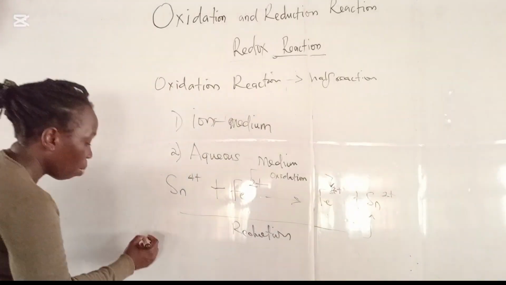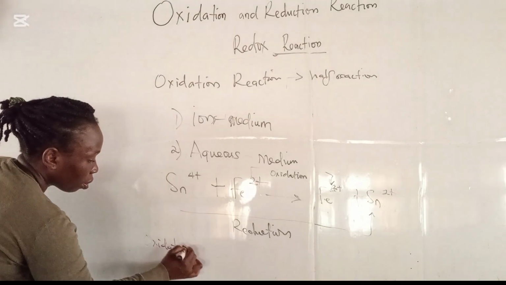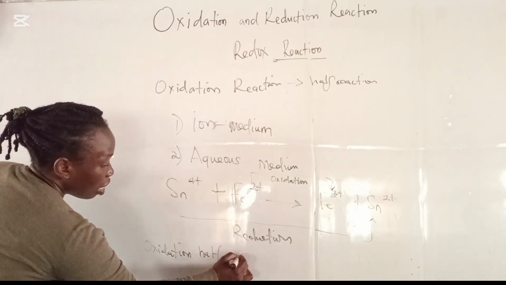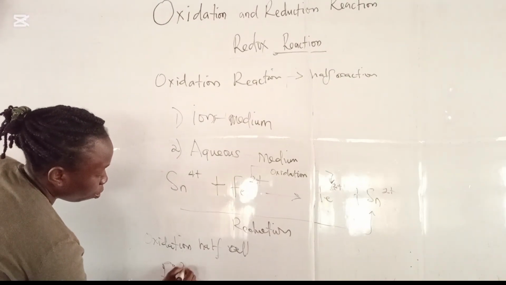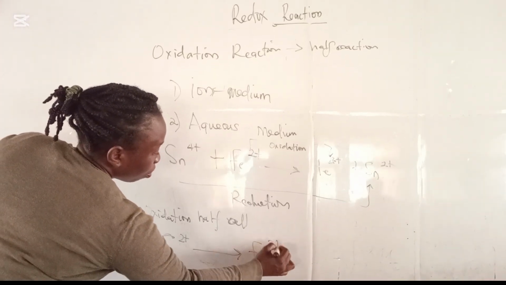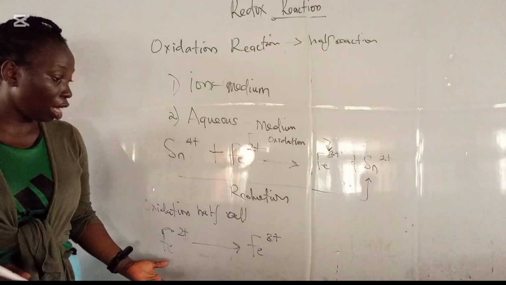Now, you will bring the oxidation half cell, which involves Fe2+ to Fe3+. How do we balance the electron?